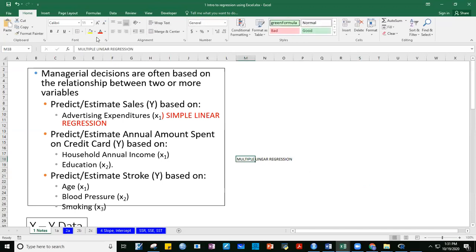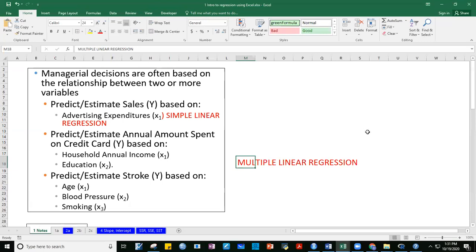So if you have more than one explanatory variable, then that is a case of what we call multiple linear regression. Household annual income, is it related with credit card usage? And also education, is it related with credit card usage? So those are the two variables we're looking at.